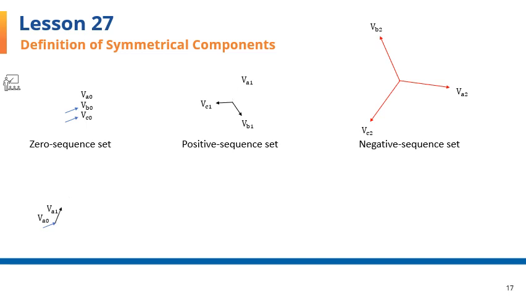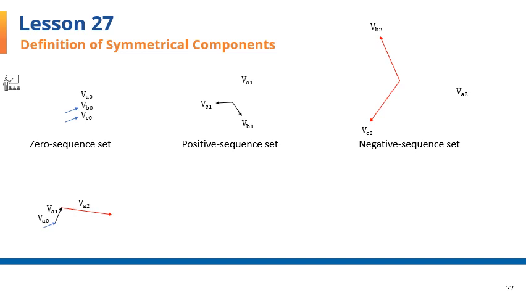And now I'm going to add the A component from the negative sequence set to the sum of those two, graphically again, and then find the total of the three added together. So here's the VA2 from the negative sequence set. And here are the three of them, end to end.